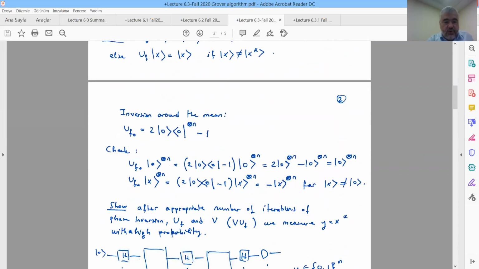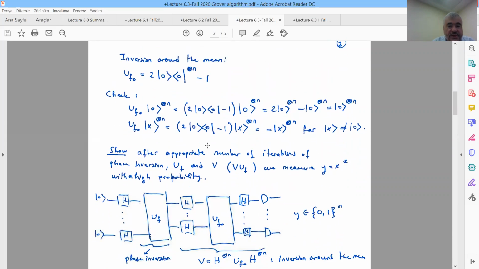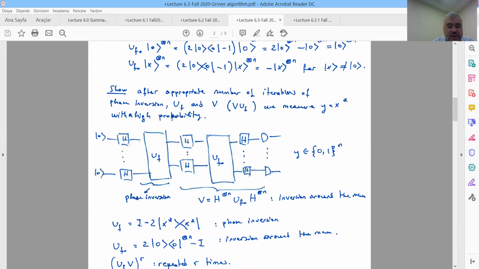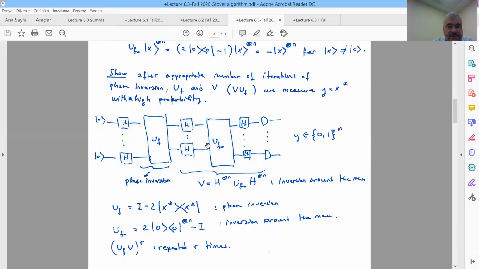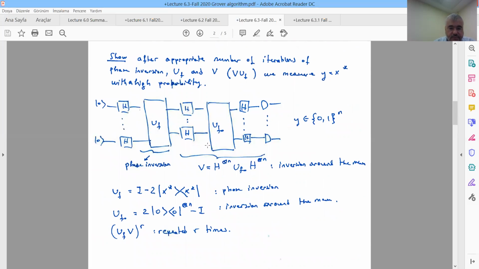We claim this is the operator for the inversion around the mean: 2 ket 0 tensor n times, bra 0 tensor n times, minus the identity operator. Again, it's not difficult to show that this does the inversion operation that we discussed before.